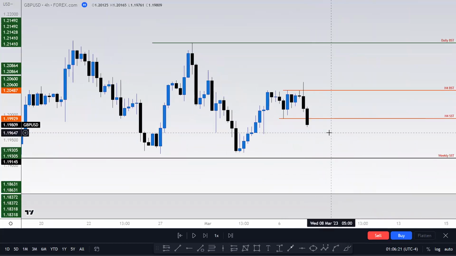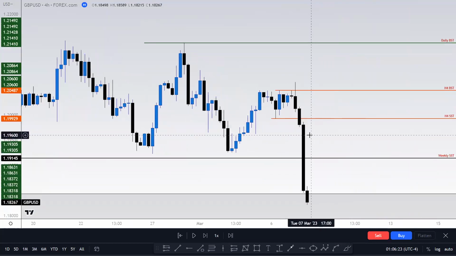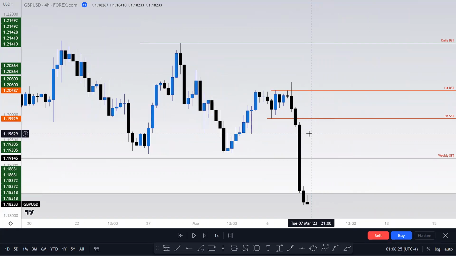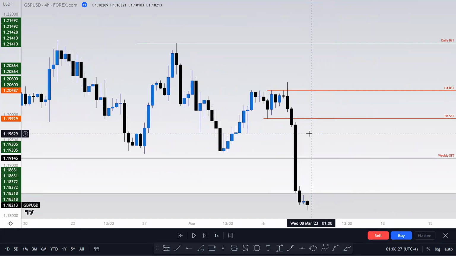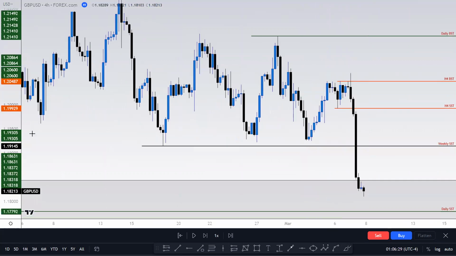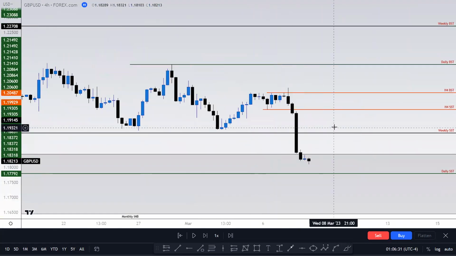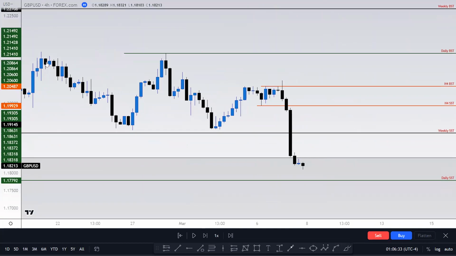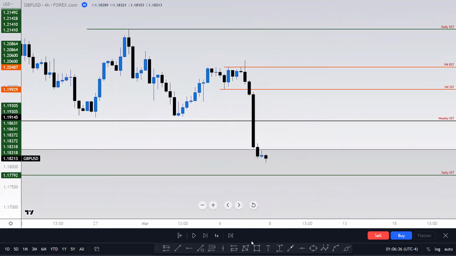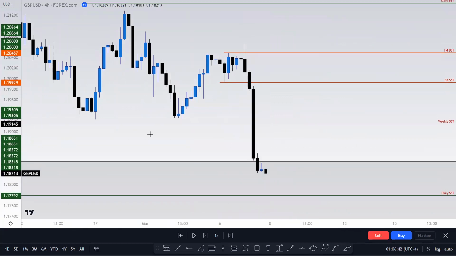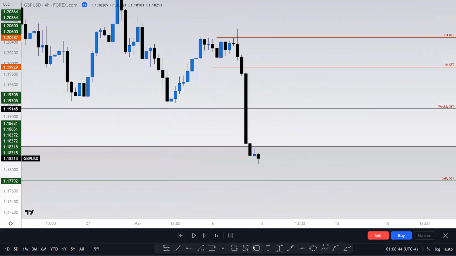so I'm just going to advance to just before the open of the session on Wednesday. Now, what I'm looking for here is the next draw on buy side liquidity, right? So the next draw on buy side liquidity is the imbalance right here.